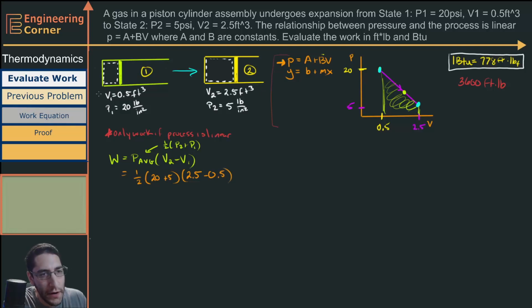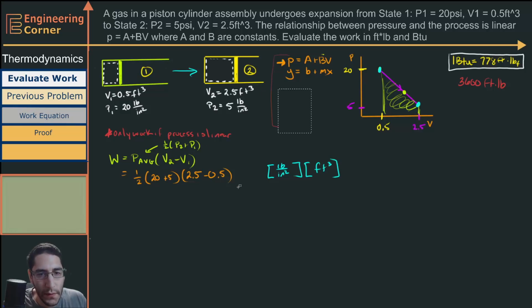Let's check our units. The 1/2 doesn't matter. This is going to be psi, so pounds per inch squared, and this is going to be cubic feet. So we have a unit mismatch, and that's why we check: we have an inch squared and a cubic foot.